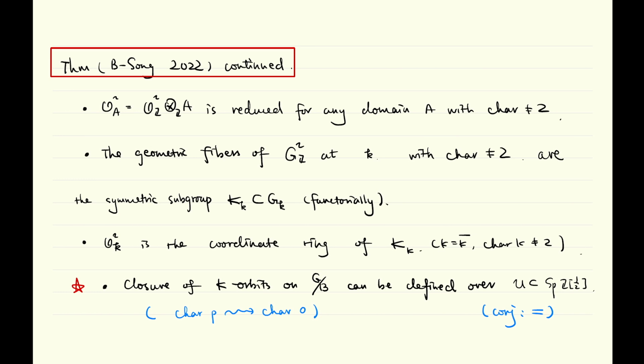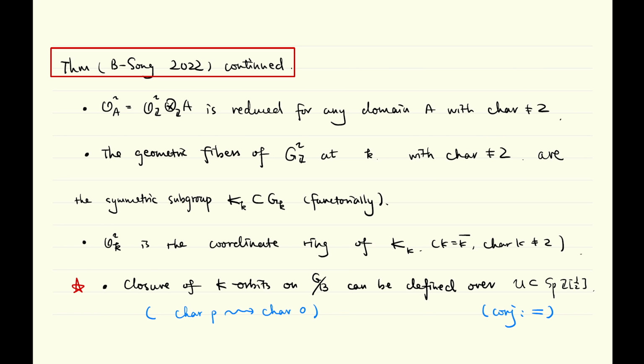This ring is reduced for any domain, as long as the characteristic is not 2. And the geometric fiber of this, for any algebraically closed field K, is precisely the symmetric subgroup we start with. I want to emphasize this is functorial. If you want to fix just over C or fix a field, you don't need the whole fancy theory. I want to emphasize the global theory working over the integers.